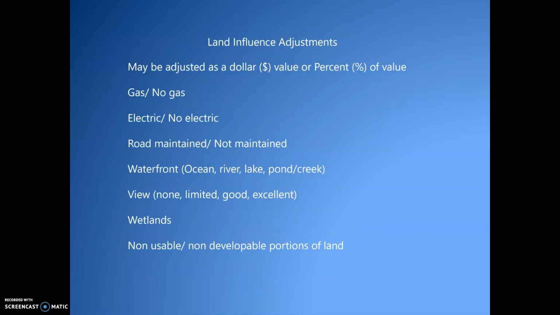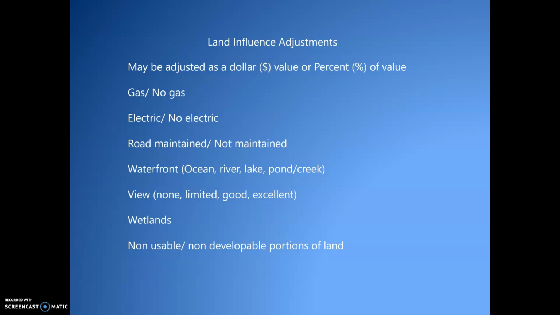Once we've set that base rate, we then make adjustments for influences. Most of those influences we show as a percentage of the value, either positive or negative, and on occasion we do dollar adjustments as well.